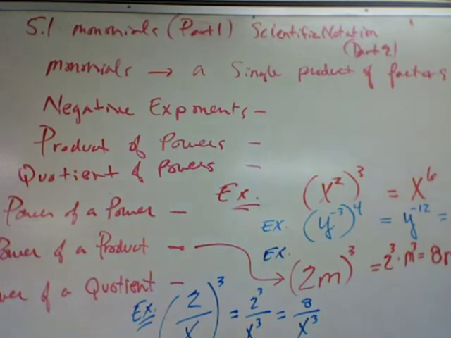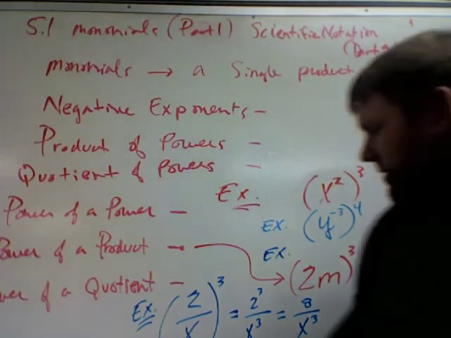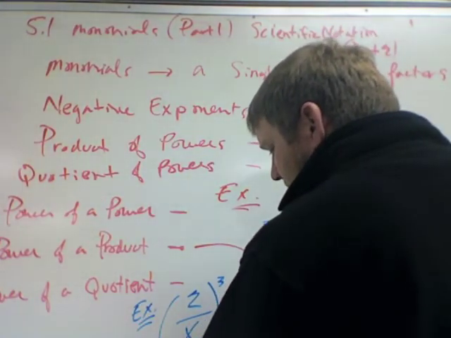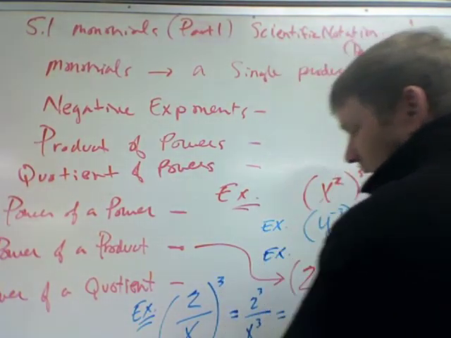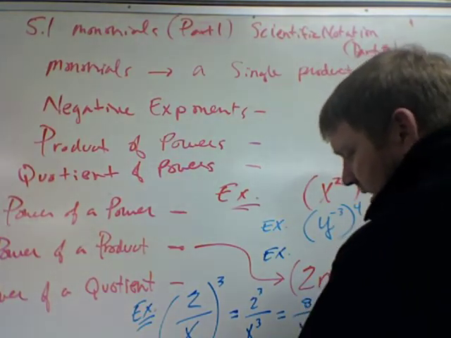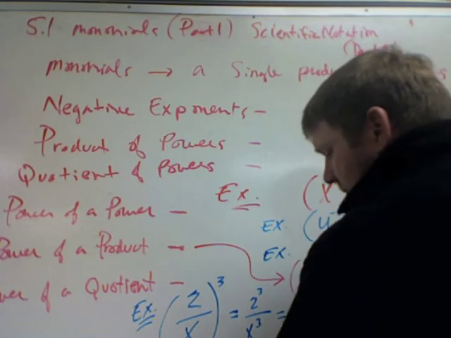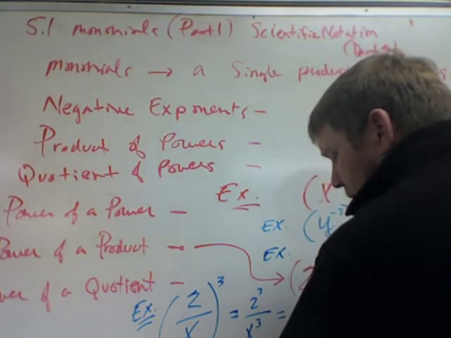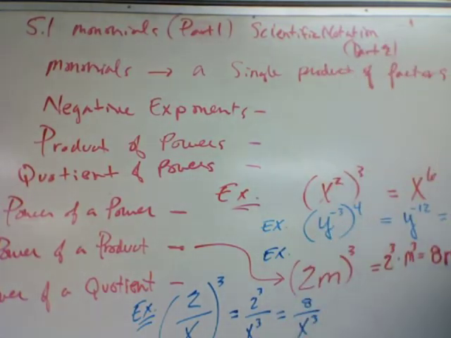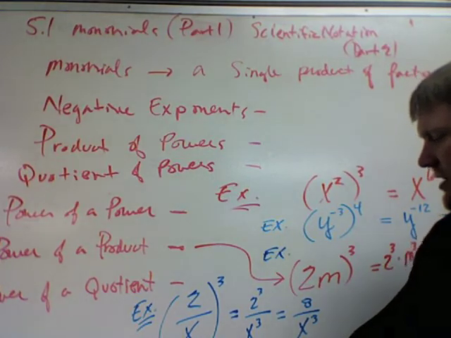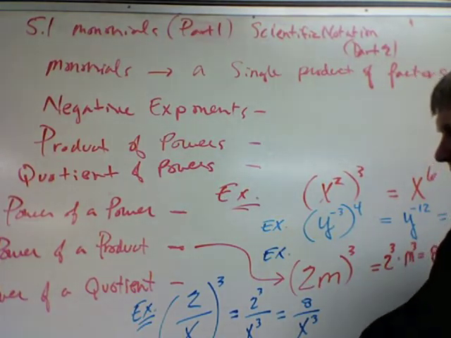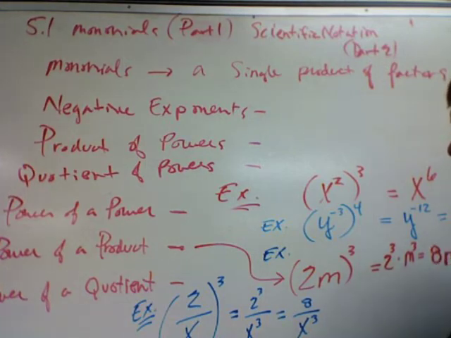What happens if I have an example where something is raised to a negative exponent? Let's say I have y over 3, raised to negative 2. The first thing I could do is take the reciprocal of the fraction, and then I can change the exponent to positive. There are a couple of different ways you can do it.